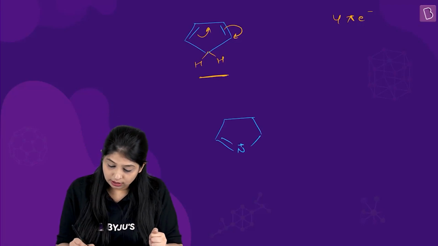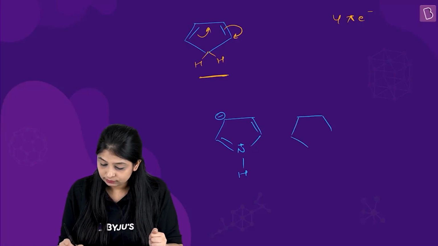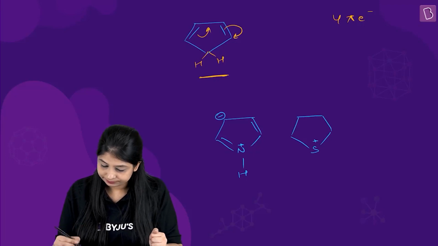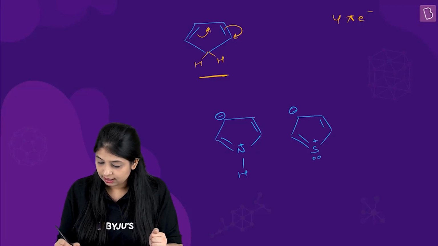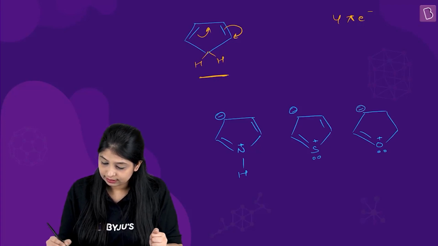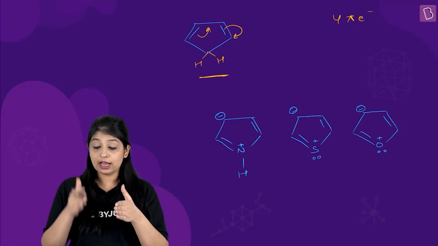So I'm drawing one of the resonating structures of pyrrole, thiofuran, right? This will be a positive charge, and the furan as well.